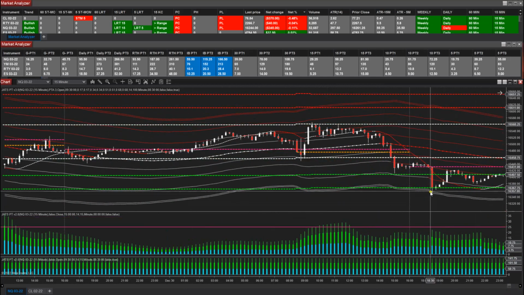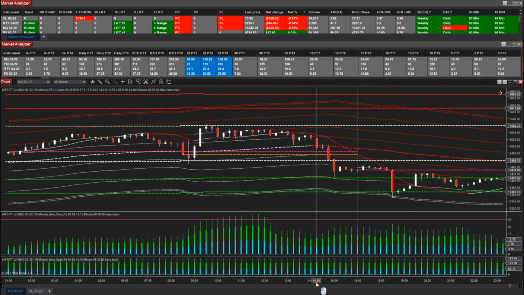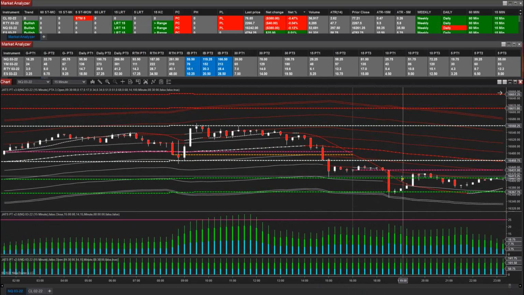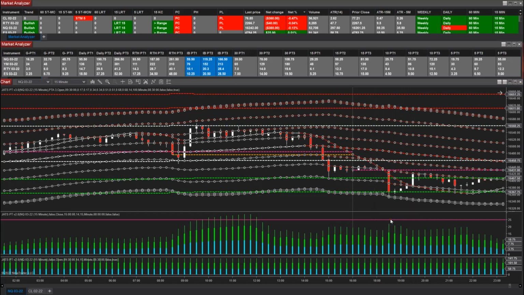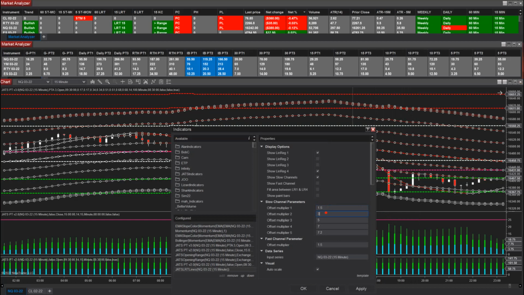There was a reversal, a good reversal. But you can also customize your levels, your offsets: 2, 4, 6, 8, or 1, 2, 3, 4, or 1, 2, 1, 3, 1, whatever you would like.